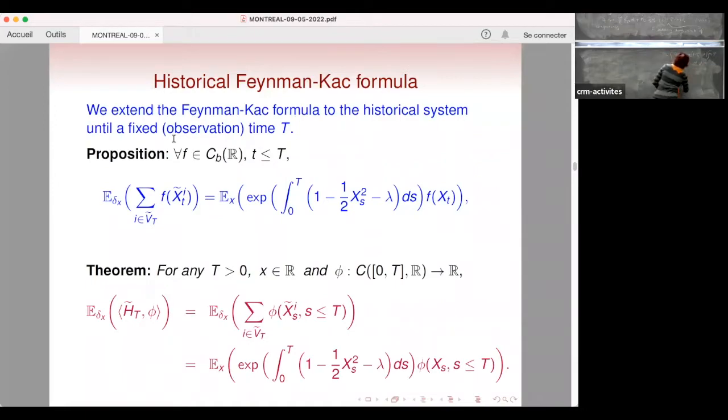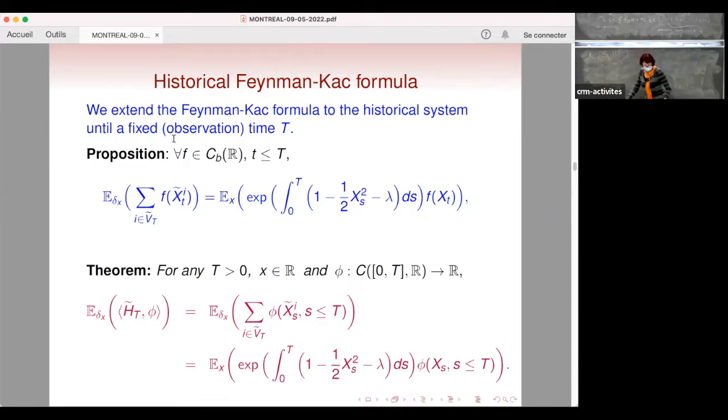Remember that I defined what x tilde_I(t) means, with small t. It's the trait of the ancestor of I, which is living at time small t. So we have to compute the expectation, from one individual with trait x, of the sum for I belonging to V tilde_T of f of x tilde_I(t).